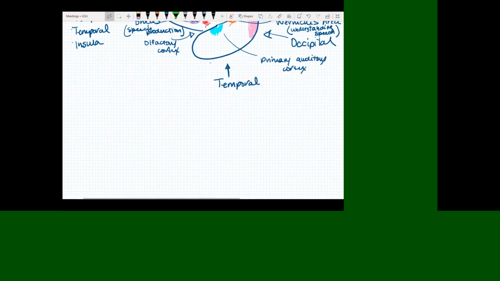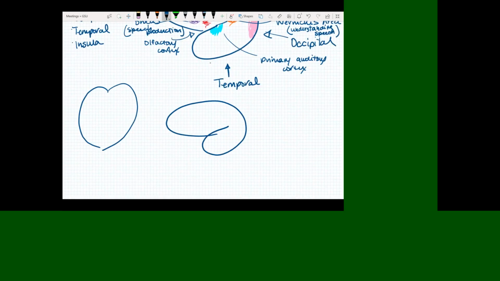What we also then need to look at is if we take our brain and split it in half, here's our one half, here's our second half. Right down the middle is our longitudinal fissure, and we are now splitting this right down the middle.